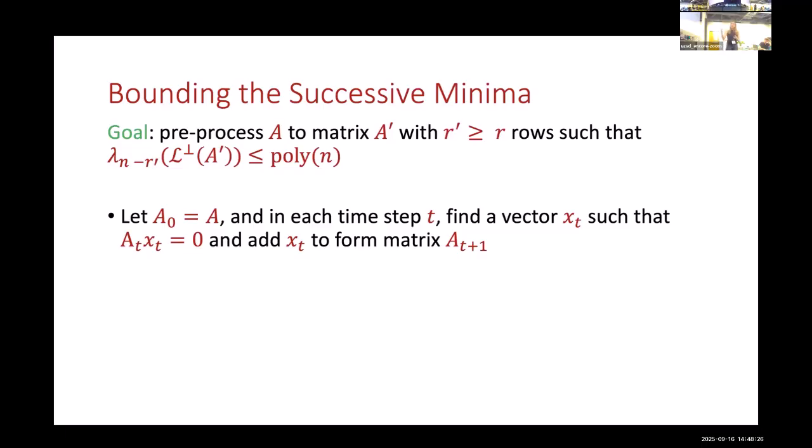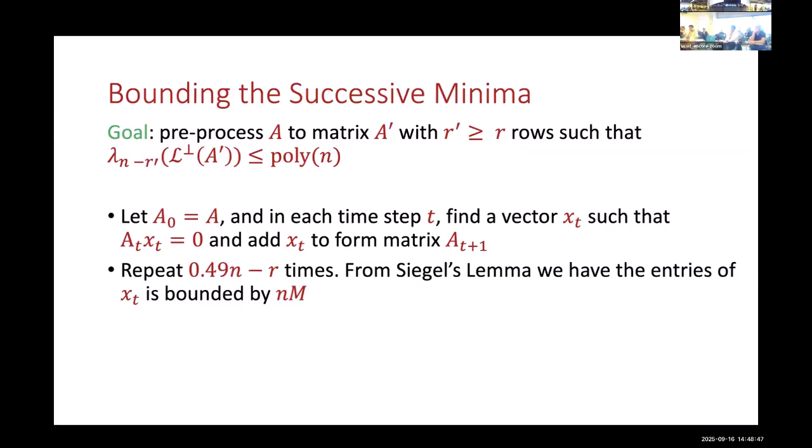We will apply Siegel's lemma and find this vector x_t so that x_t is in the kernel of A_t and it has bounded entries, so it has a bounded norm. And then we'll add x_t to the matrix itself, A_t, and form the next matrix, A_{t+1}. And then we will apply Siegel's lemma again and continue generating all of these vectors.